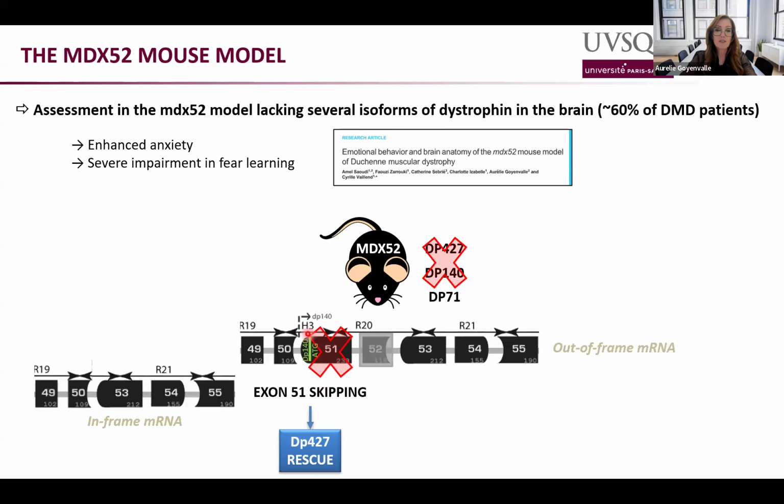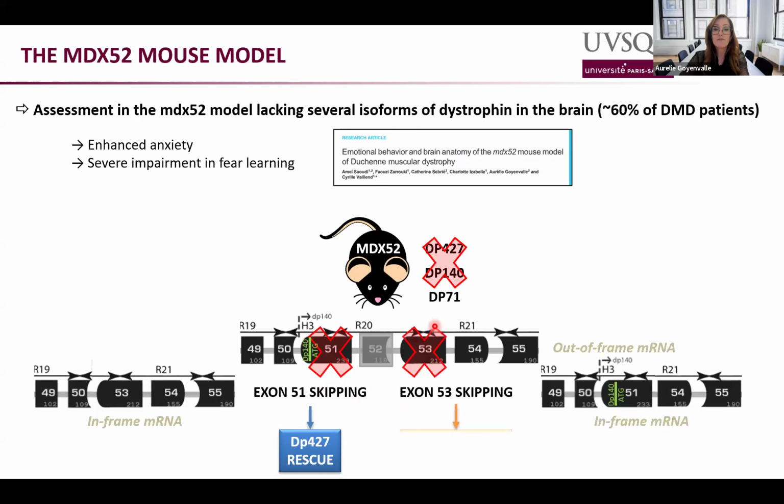This is because the start codon of DP140 is actually included in exon 51. So clearly, if you exclude that exon, you cannot restore the expression of DP140. Whereas if you skip exon 53, which also restores the reading frame, you will preserve the start codon of the DP140 and eventually be able to restore both isoforms.